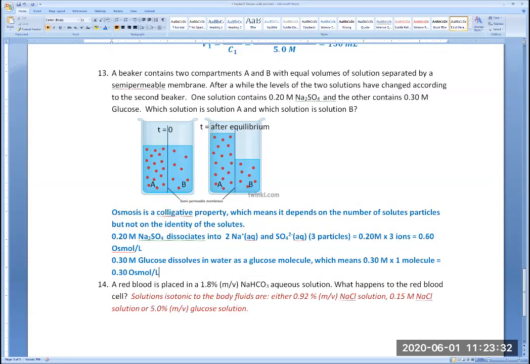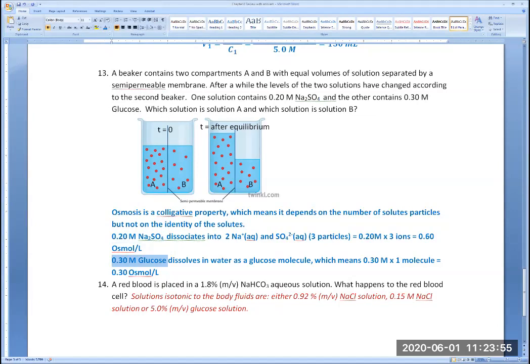Now if we look at the two, which one is more concentrated? The first is the 0.20 molar Na2SO4 and the second is the 0.30 molar glucose. Is it the first solution or the second solution?